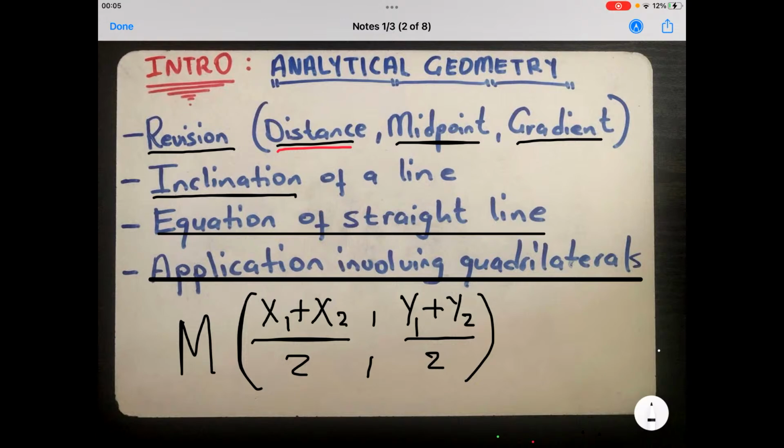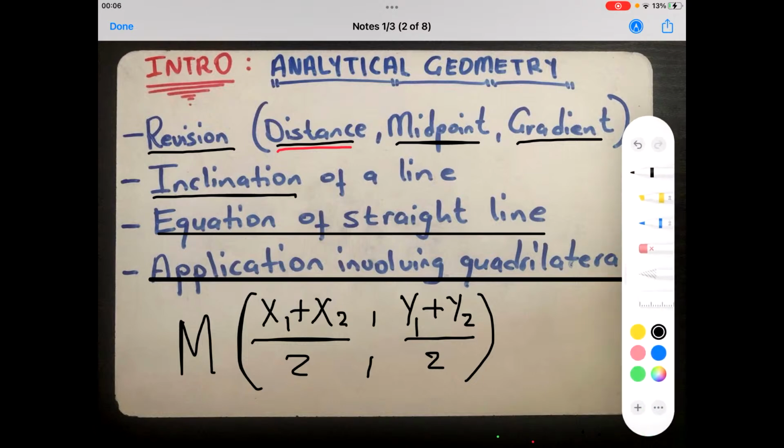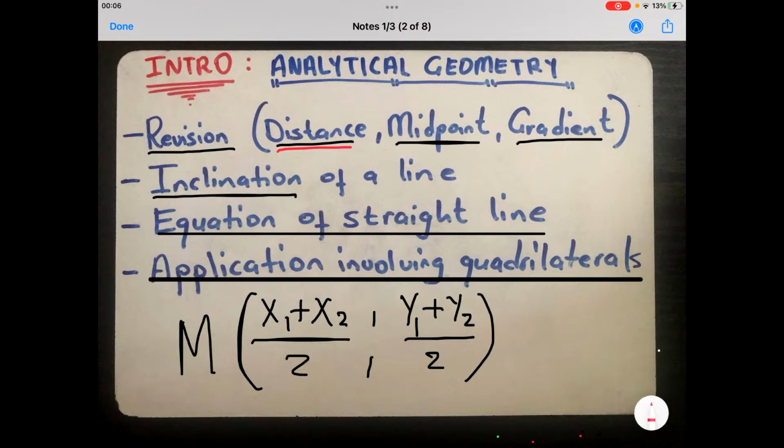Most importantly, analytical geometry is a game of two things. Again, even when we talk about the midpoint, it simply refers to having a line which has 2 points. It could be point A and point B. When you use the formula for calculating the midpoint, you are calculating the middle point.